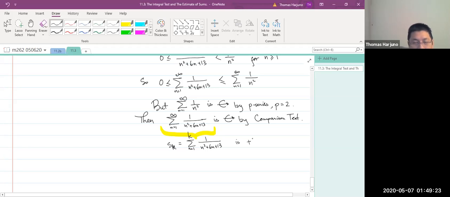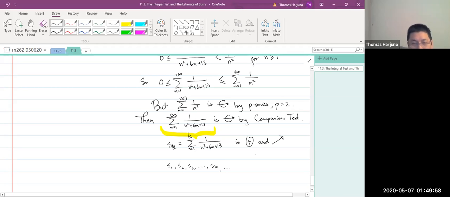It's positive, and I want to show that it is increasing. If you see the sequence S1, S2, S3, and on, that sequence is increasing. Why? You keep on adding a positive term. Okay, it's positive and increasing.